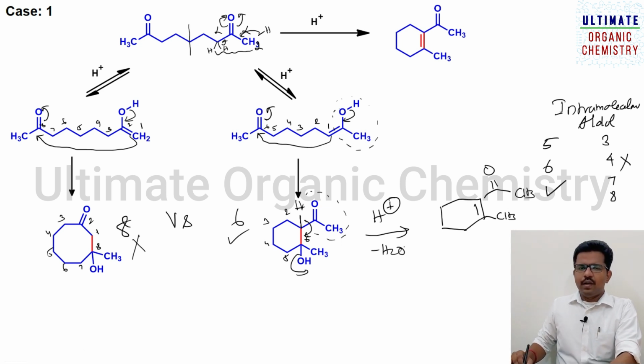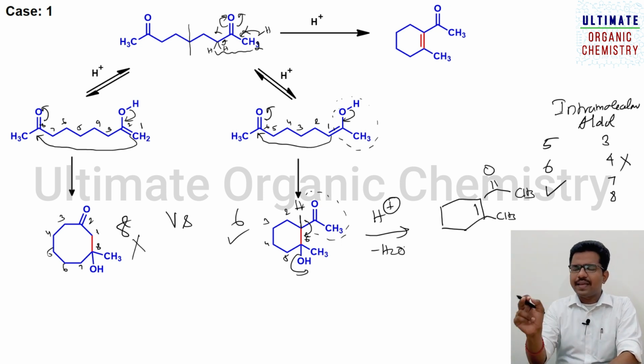Please remember, when you have higher and lower membering, that is 7 and 8 membering or 3 and 4 membering, it will not be possible in the case of intramolecular aldol condensation, whereas the 5 and 6 membering formation will be more facile. Please remember. This is about case 1.